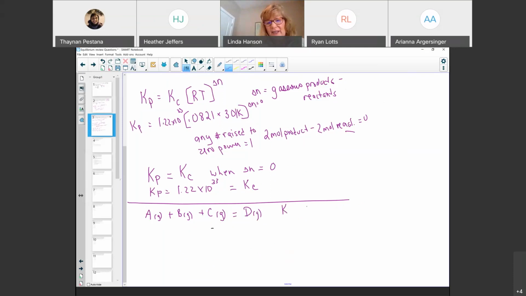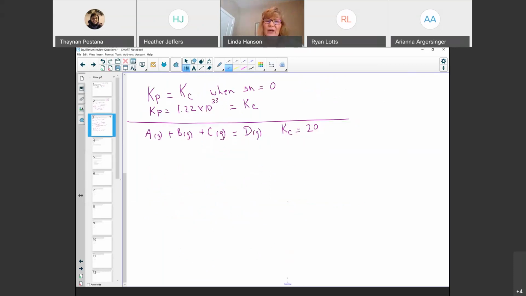And I'll make Kc equal to 20. So this is a totally made up problem, but it allows me to kind of emphasize the math. What if they're not the same number? Let's say that the Kelvin temperature has to be given in the story problem as well, and we'll say it's 1,000 Kelvin units. Find Kp.